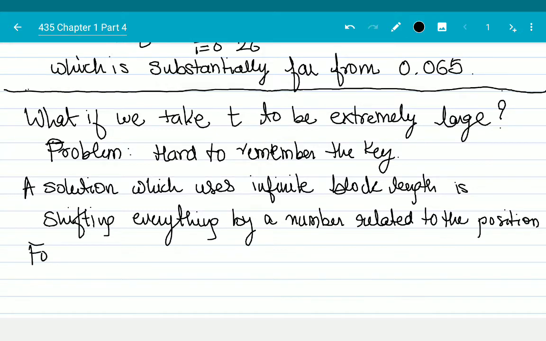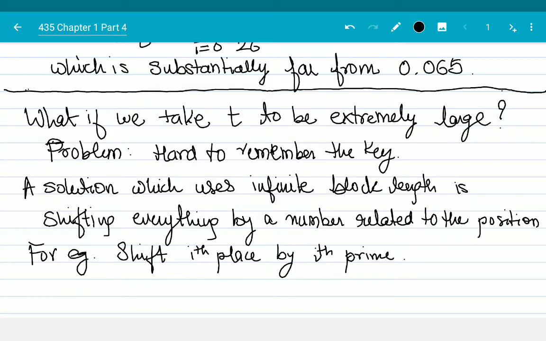For example, shift the ith letter, the ith place, by the ith prime.